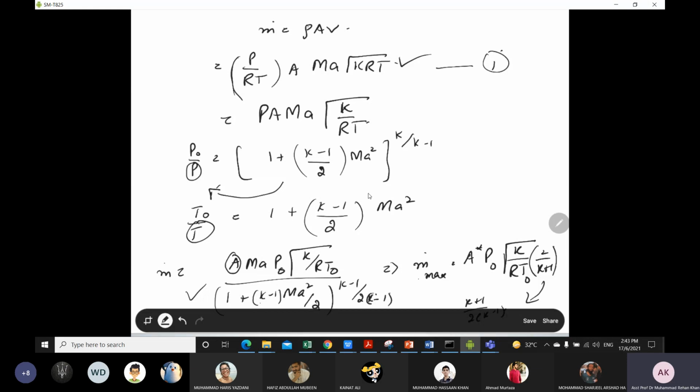For example, if you have to find the mass flow rate and your flow is choked, you can simply apply this equation, that is the maximum mass flow rate, because I already told you that when the flow is choked, your flow rate becomes maximum.